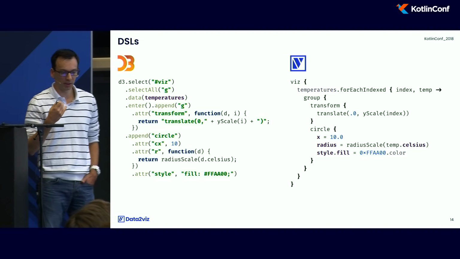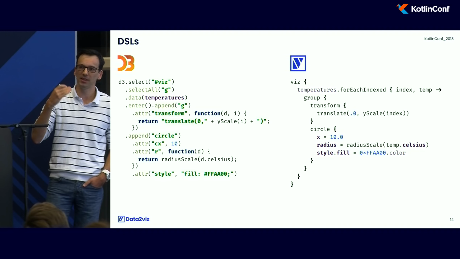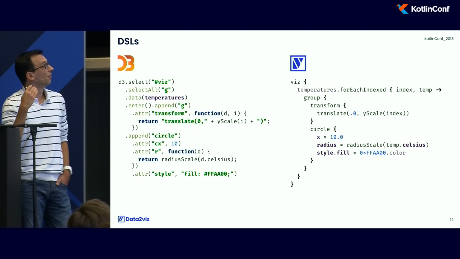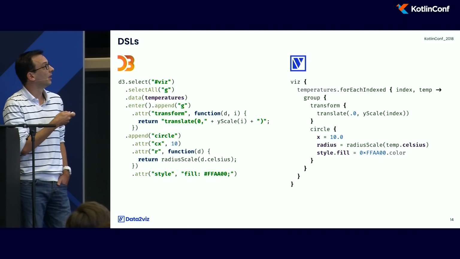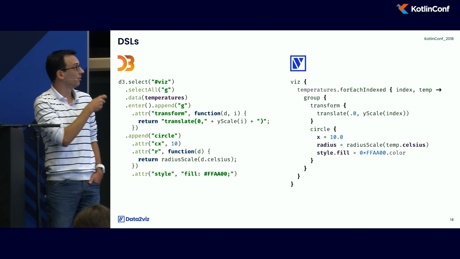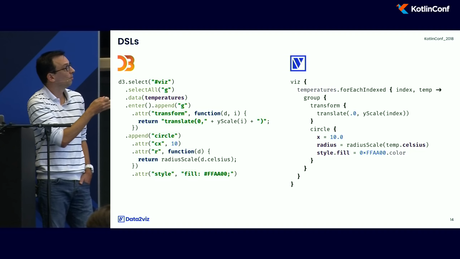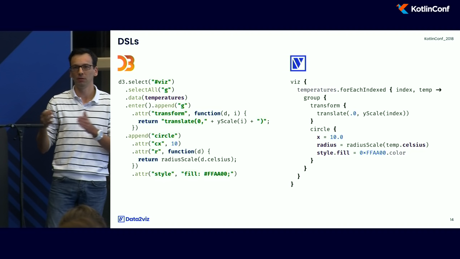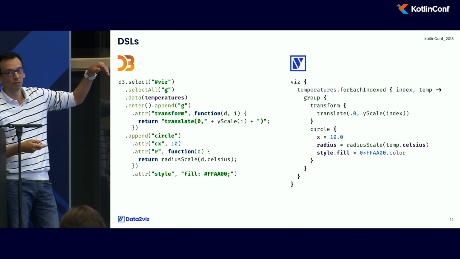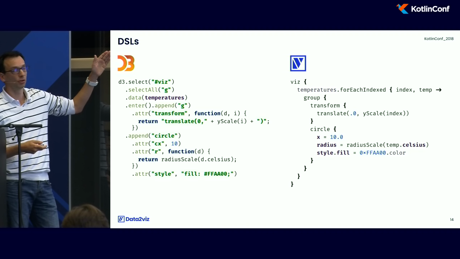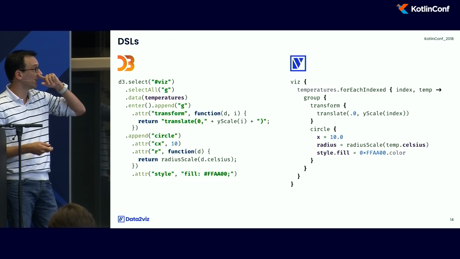So what we have done is we have created a lot of micro DSL, like transform here. And when you're in a group, you will have auto-completion. You will have access to this transform function. And you open your curly brace, you will have access to translate or rotate, and everything is typed.